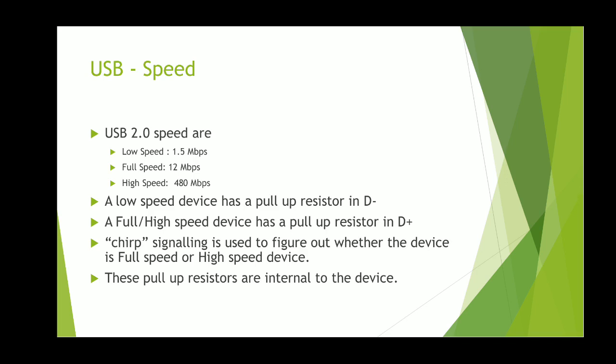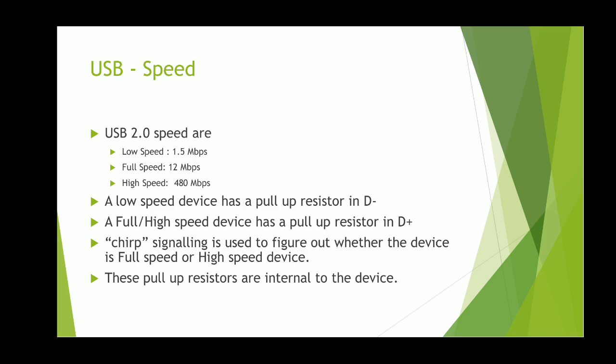If the pull-up resistor is connected to the D minus pin of the port, then it means that it wants to communicate in low speed mode. And if the pull-up resistor is connected to the D plus line of the port, then it means that it wants to communicate in full or high speed mode.